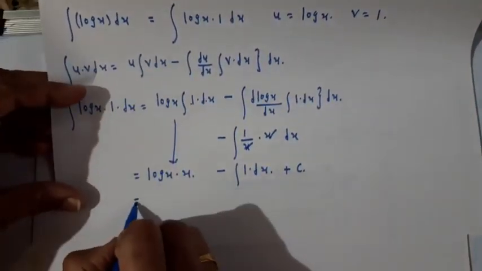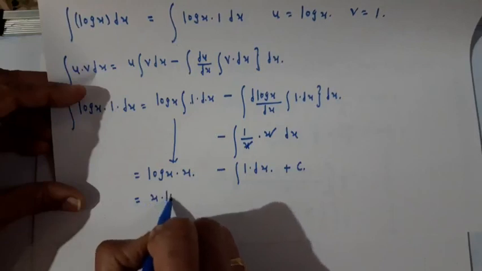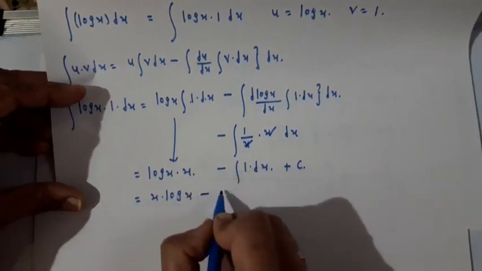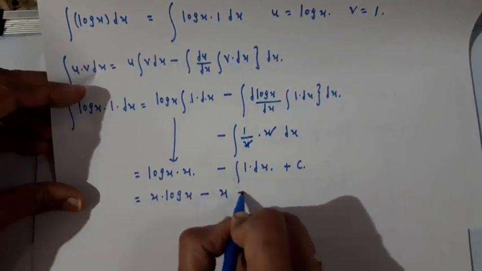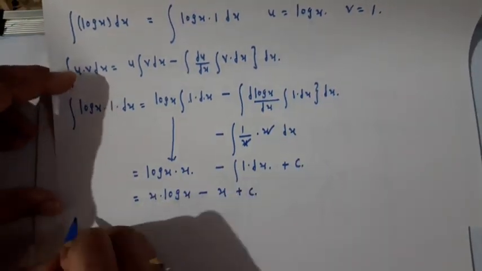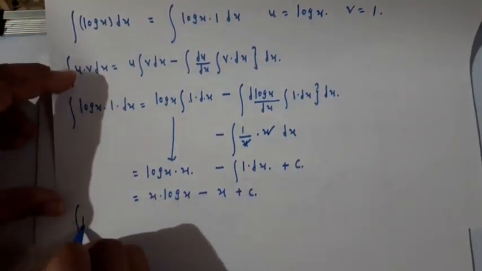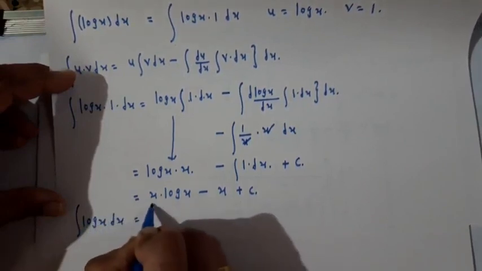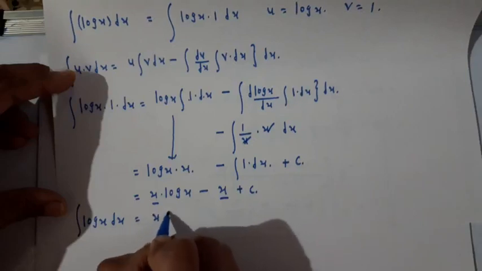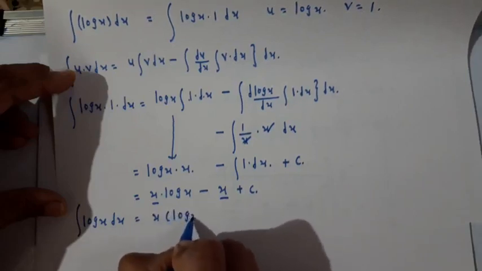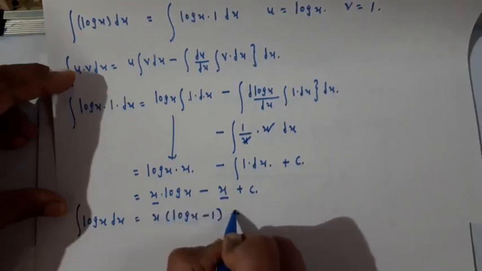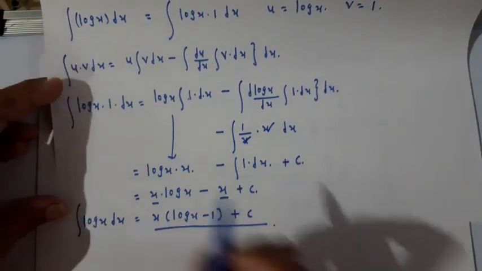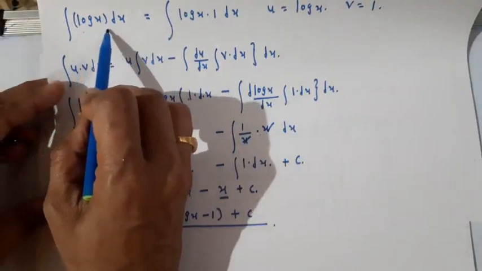Hence this is equal to x into log of x minus x plus constant of integration c, and hence integration of log of x with respect to x equals x into log of x minus 1, plus constant of integration c. This is the integration for the function log of x.